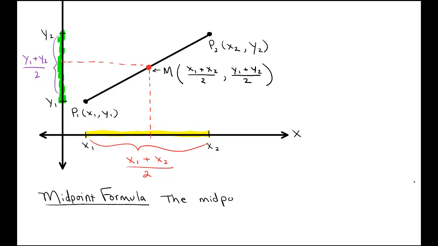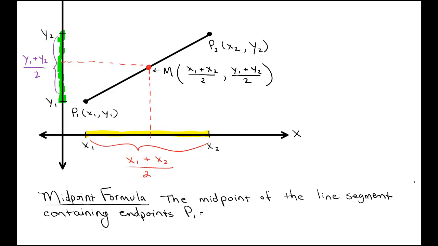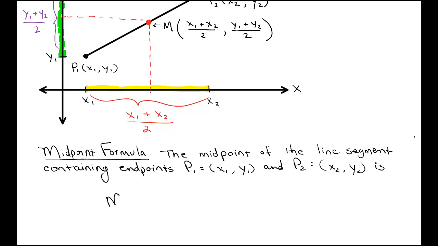The midpoint of the line segment containing endpoints P sub 1 equal to X sub 1 comma Y sub 1 and P sub 2 equal to X sub 2 comma Y sub 2 is M equal to X sub 1 plus X sub 2 divided by 2, comma, Y sub 1 plus Y sub 2 divided by 2.